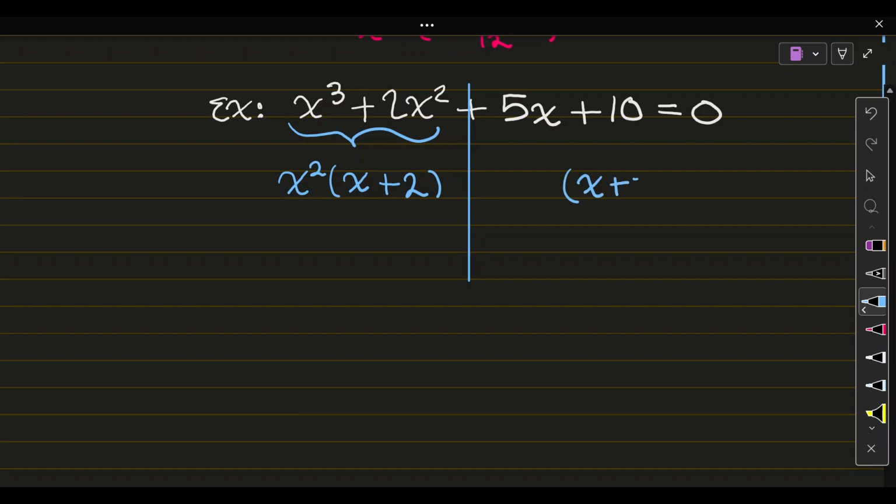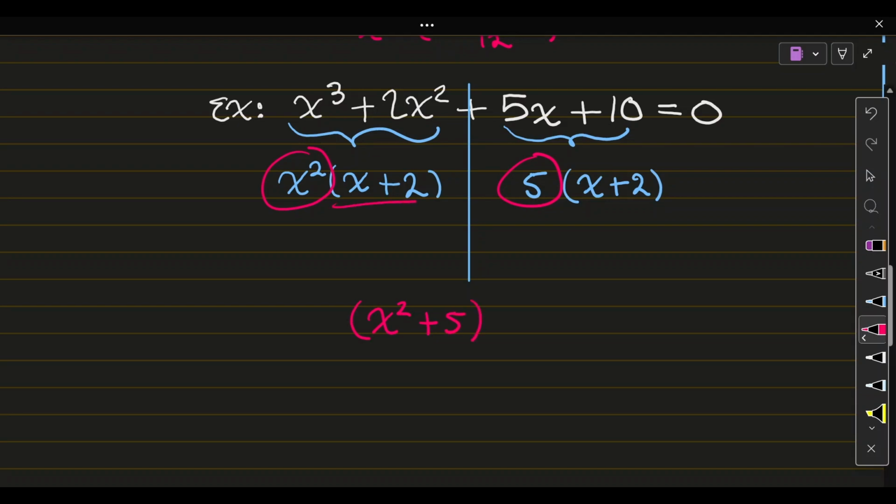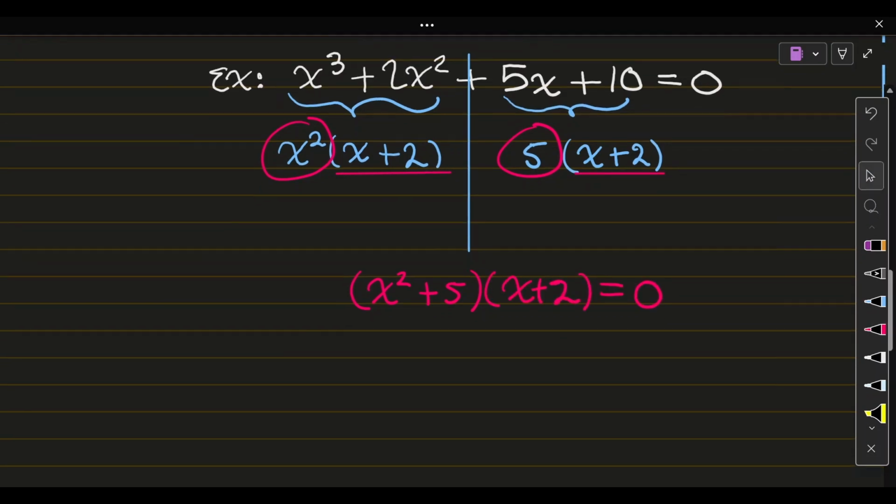And writing this factor out here, like I did when I was solving quadratics, again, if you're confused, I would say go watch that video. I can factor out a 5 from this to match this. So if I factor out a 5, I have x plus 2. So my two factors are this plus this, so x squared plus 5, times these factors here, x plus 2 equals 0. And those are my two factors.